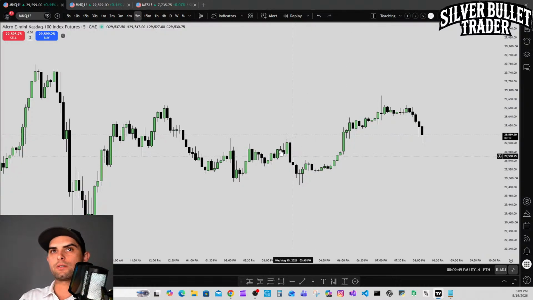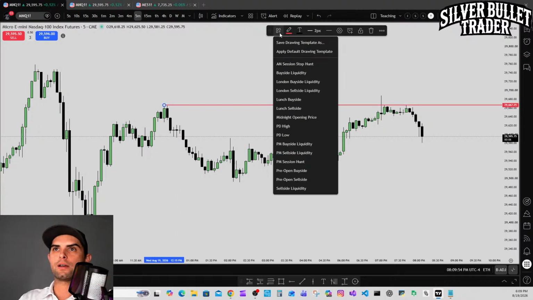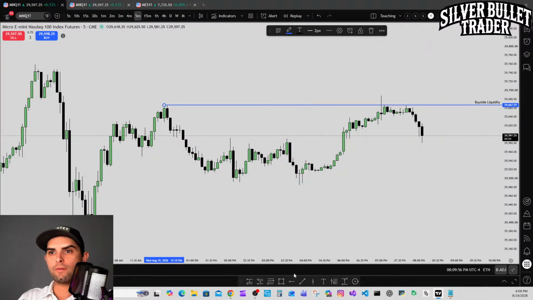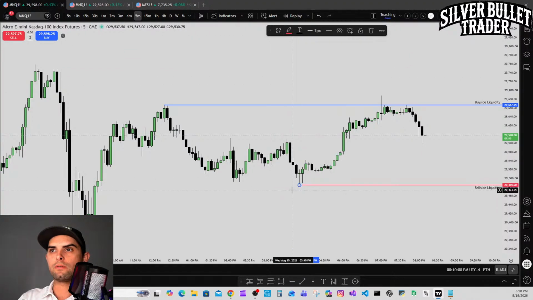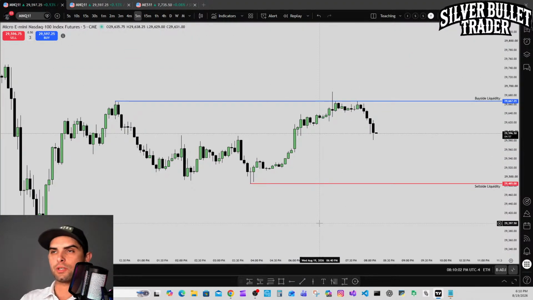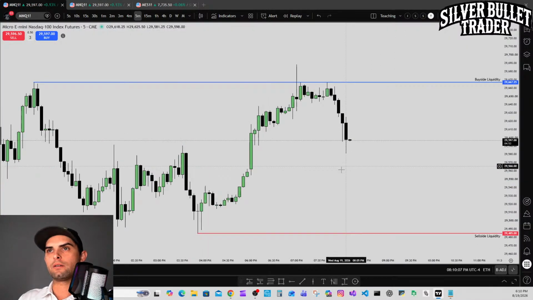These are my targets. If I was to mark this out on my chart, I'm going to mark this out as a buy side liquidity pool. And I really like this as a sell side liquidity pool. These are the levels that I was interested in before the stream started.